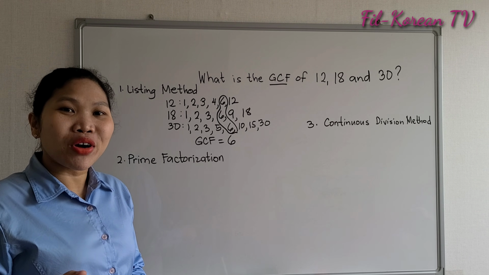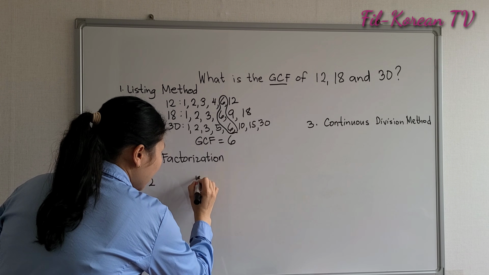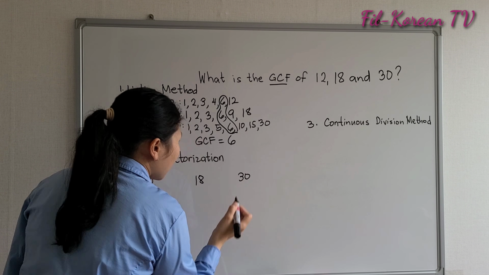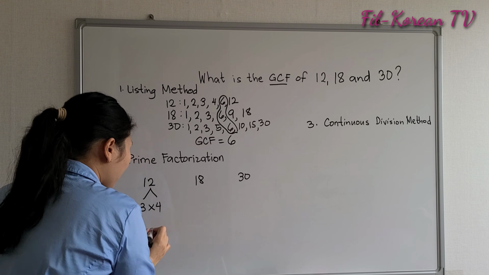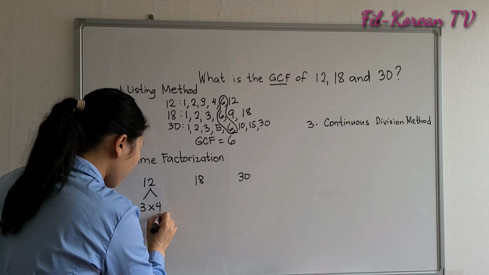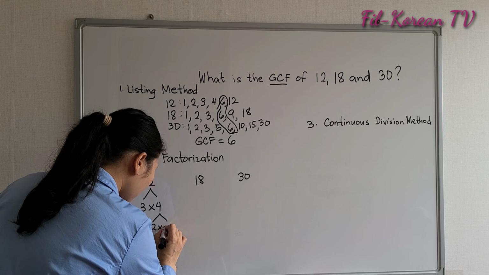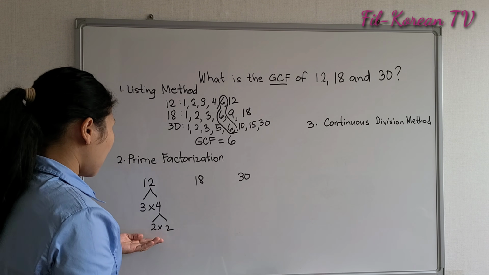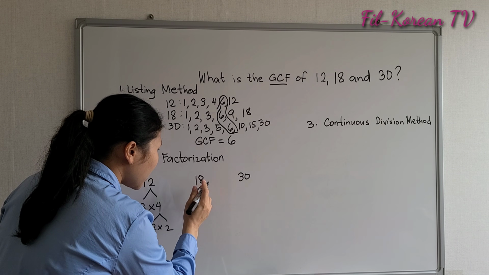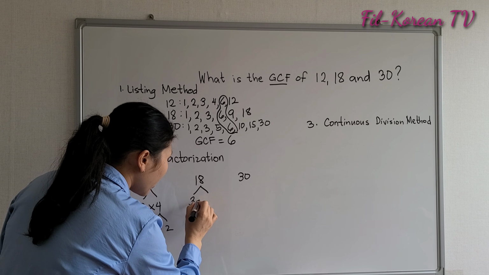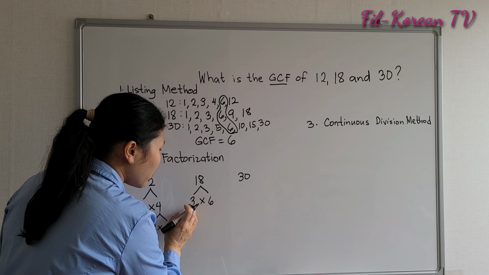Now let's do the prime factorization method. 12, 18, and 30. This one, we can have 3 times 4. 3 is a prime number, so we will stop at 3, and this one, we'll get the prime factors of 4: 2 and 2. And then, in 18, 2 numbers that if we multiply the product is 18 are 3 and 6. 3 is a prime number, so we'll stop here.